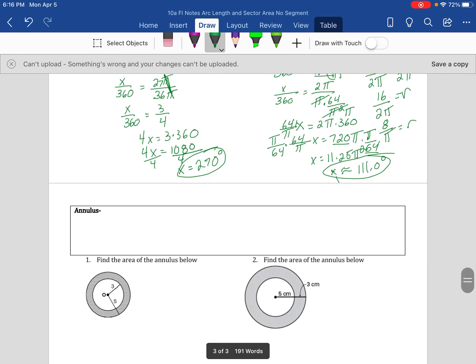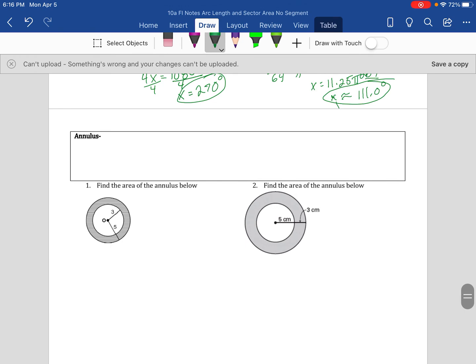Okay, so last thing is your annulus, which is basically, if you had a circle within a circle, it's the region bounded by two concentric circles.